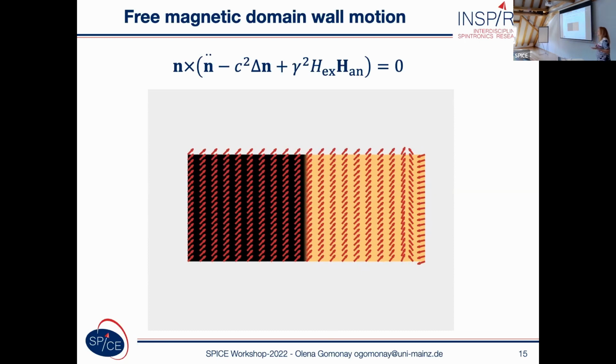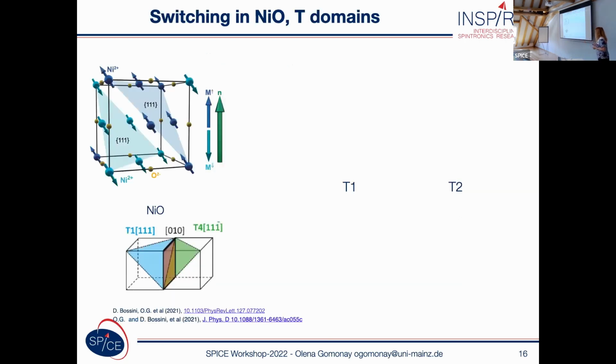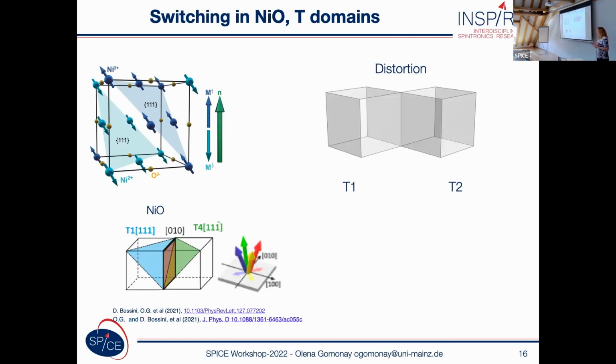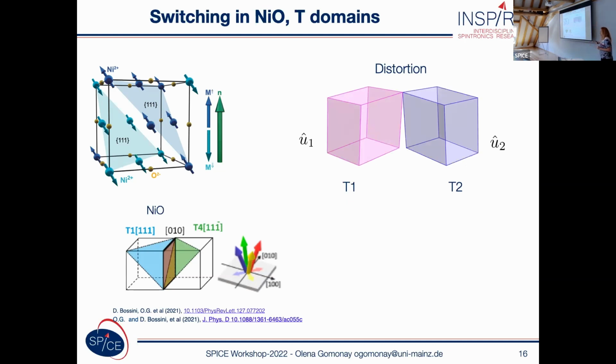But this is not the case in nickel oxide. Why? In nickel oxide, we have T domains, and these T domains have not only different orientations of the easy planes, they also show very strong distortion in the left and right domain.